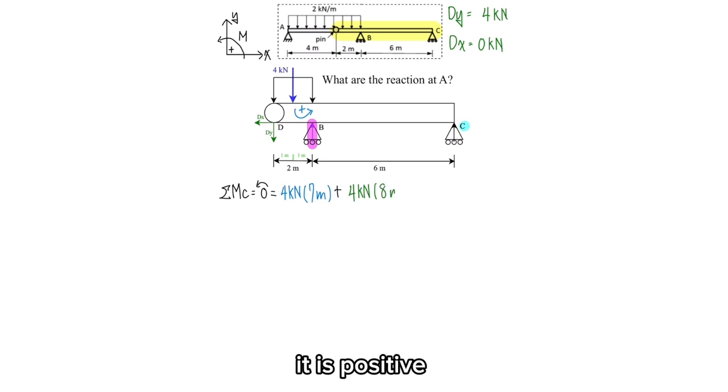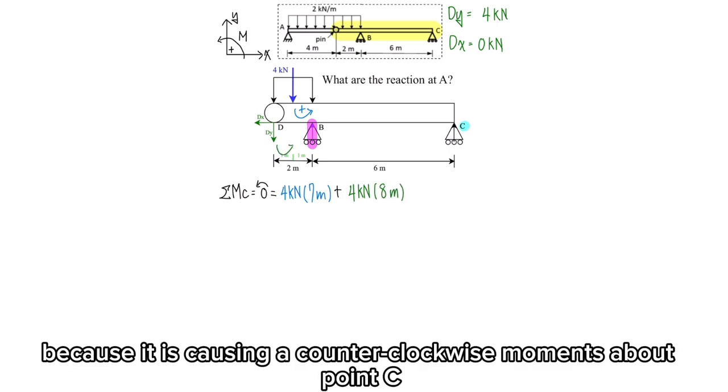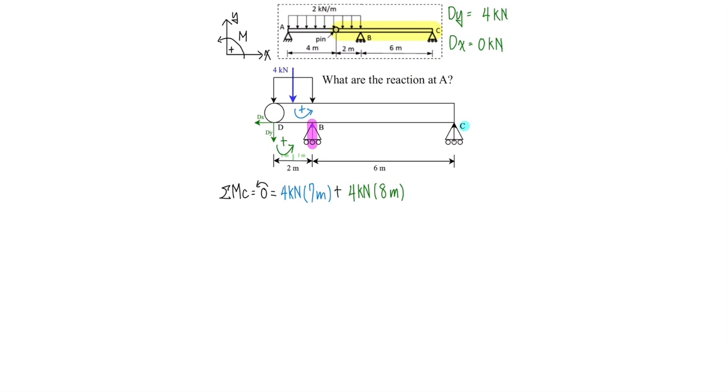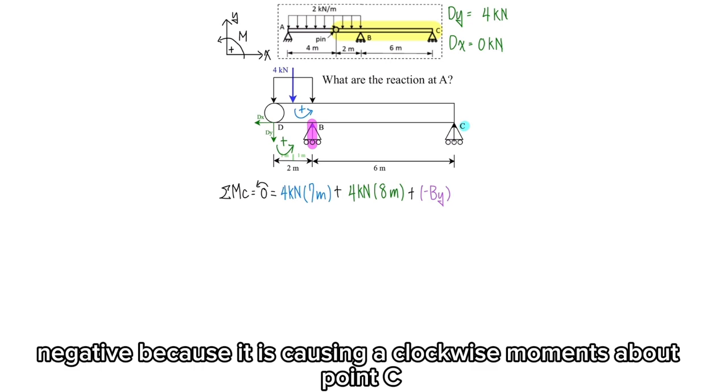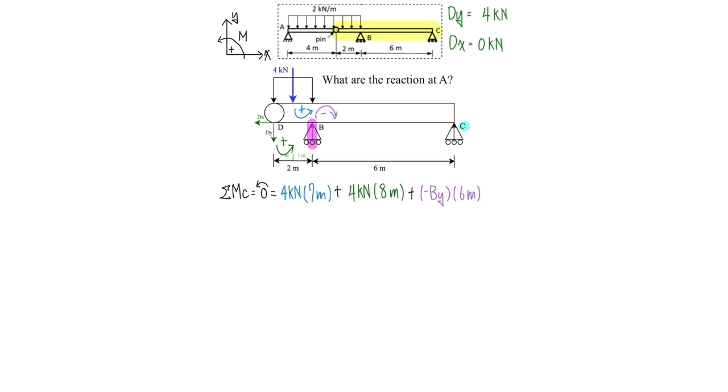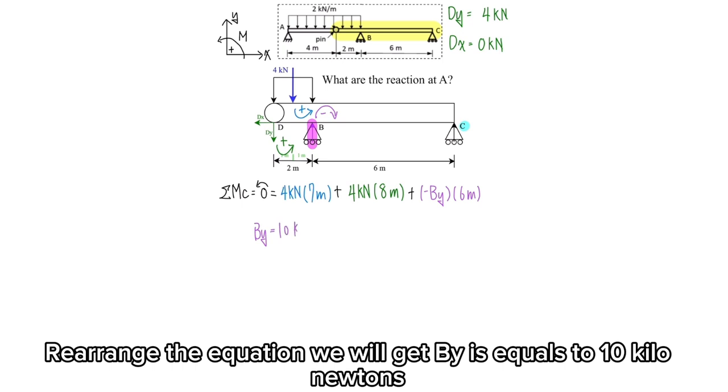It is positive because it is causing a counterclockwise moment about point C, plus negative BY multiplied by 6 meters, negative because it is causing a clockwise moment about point C. Rearrange the equation. We get BY equals 10 kilonewtons.